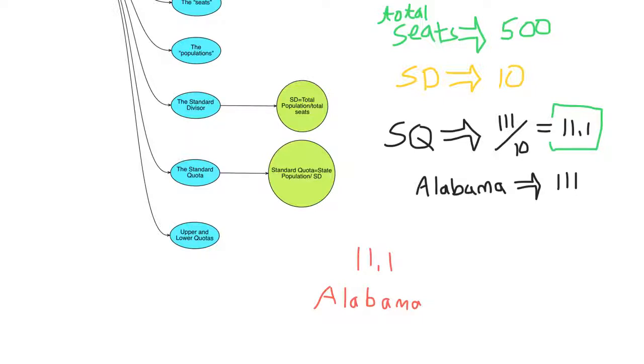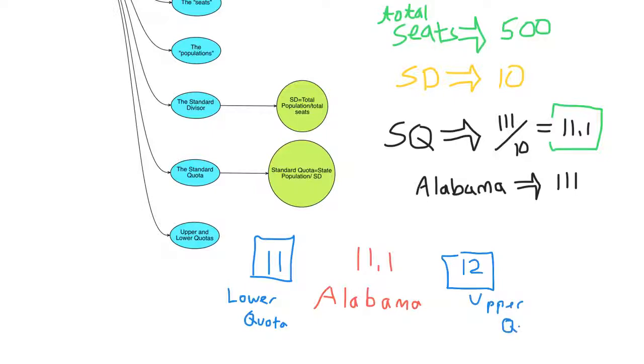Well, the number just below that, 11.1 rounded down to 11, would be the lower quota, and the next integer up from 11.1 is 12. So 11 is the lower quota, and 12 is the upper quota. Okay, so these concepts, even though at this point it's sort of just a matter of memorizing what this means, you're going to see how these concepts really come into play in future examples.